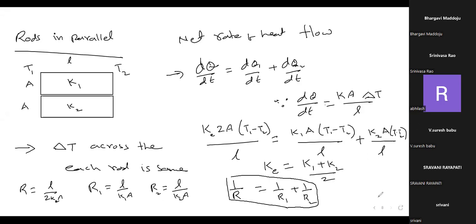We solved such resistance problems in current electricity, and we can solve the problem in a similar way here. Suppose one rod is connected like this, one more rod is connected like this, and one more case like this. Some rods in series and parallel.